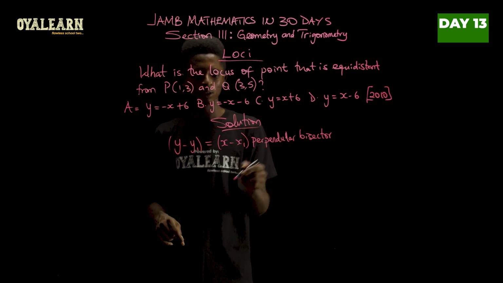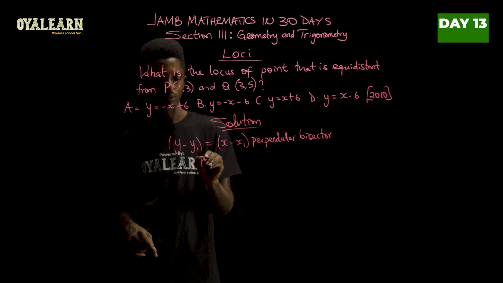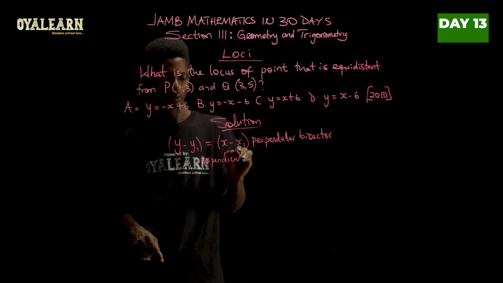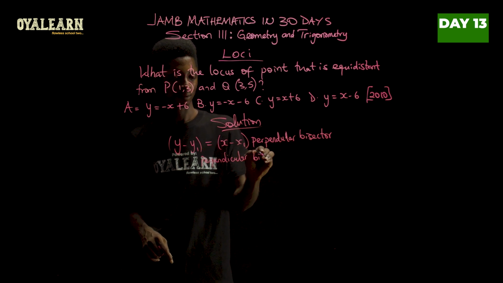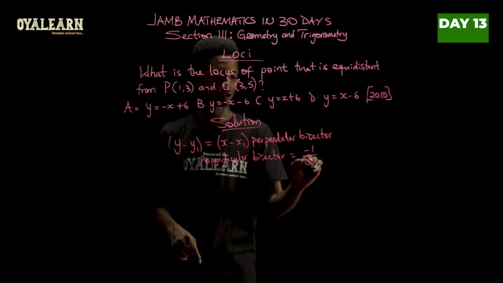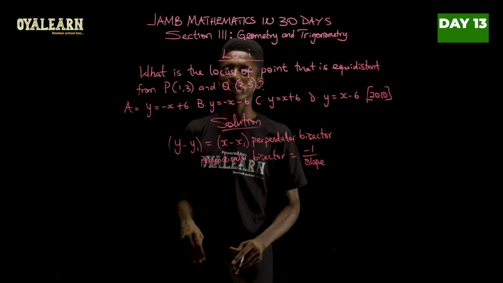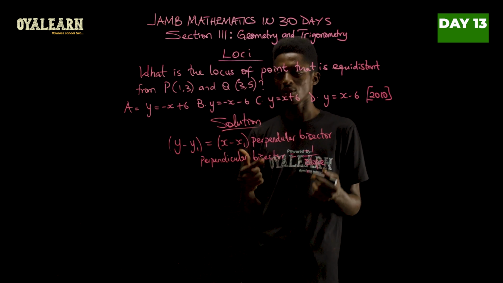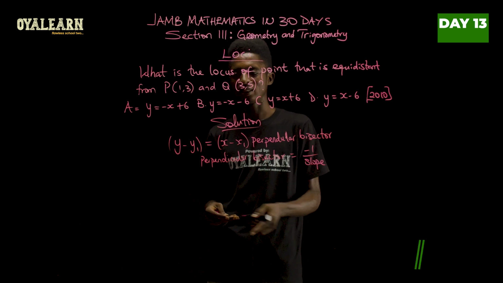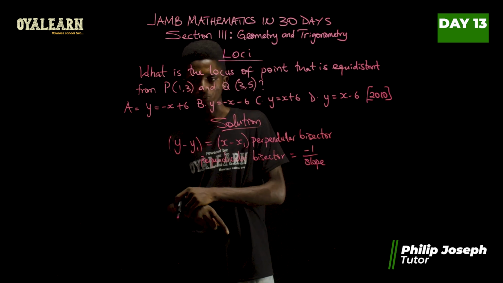And to get the perpendicular bisector, this is -1 over slope. So meaning we start first by getting the slope. And when we do get the slope, we can then go on to find the equation.